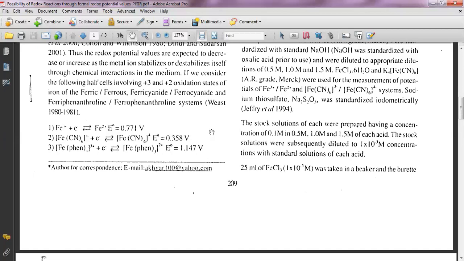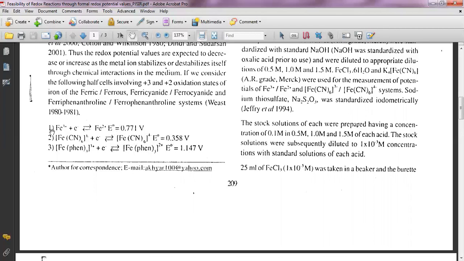So let's first discuss the half cell mentioned at serial number 2. Why is the potential less? What do you understand if the potential is less? That means it has less ability to reduce to form iron plus 2 compared to serial number 1, where the bare iron metal ions are converted into iron plus 2 ions.